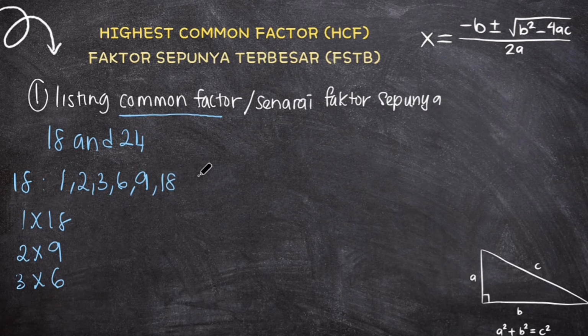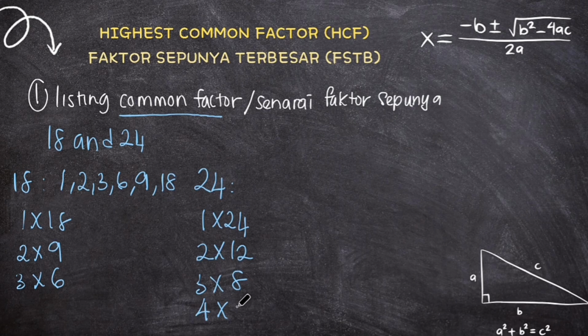Now, do the same thing for 24. 1 times 24, 24. 2 times 12, 24. 3 times 8, 24. 4 times 6, 24. And now just list down 1, 2, 3, 4, 6, 8, 12, 24.